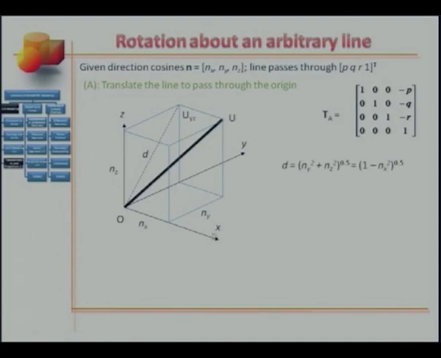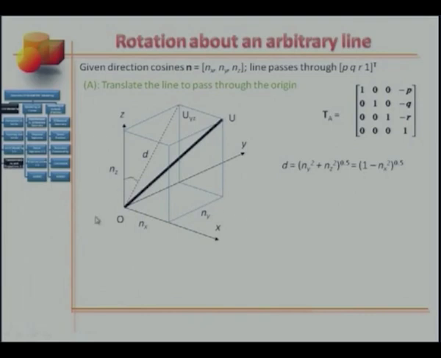In terms of the direction cosines Nx, Ny, and Nz, it is not very difficult to find what d is. d is (Ny squared plus Nz squared) raised to half. And since the direction cosines are such that Nx squared plus Ny squared plus Nz squared equals 1, d is (1 minus Nx squared) raised to half.